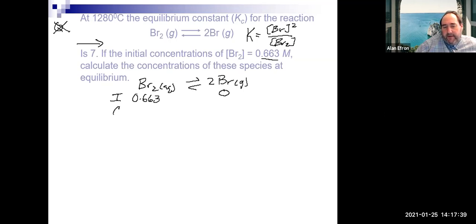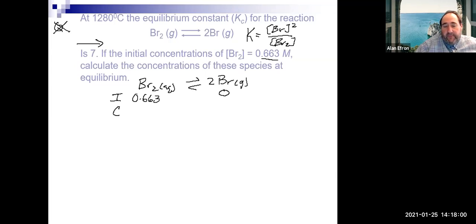The change part is really the important part. The change part does two things. It will allow you to figure out how much is being sort of lost by one side and gained by the other. It also takes care of all the stoichiometry for you, the mole-to-mole relationships and all that kind of stuff when you do the change part.